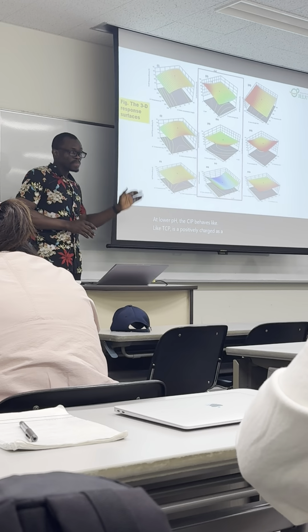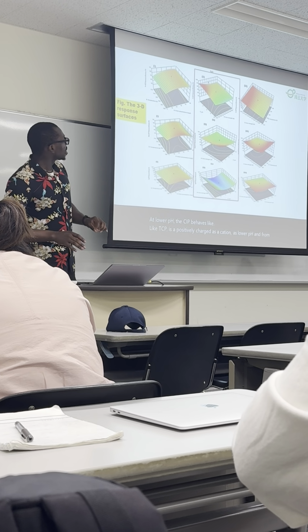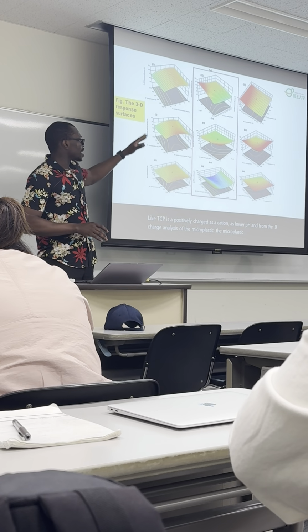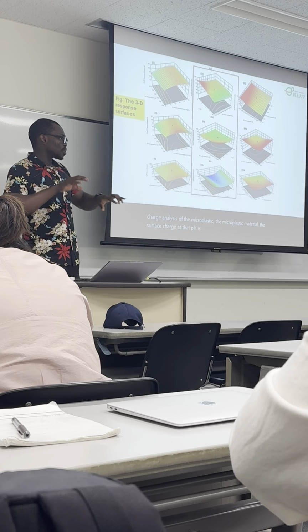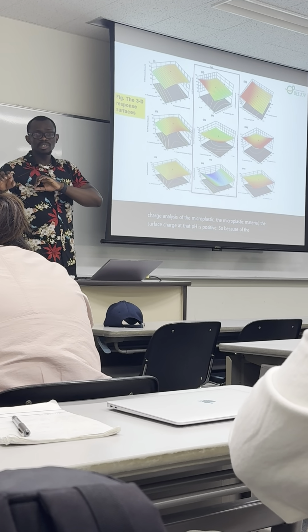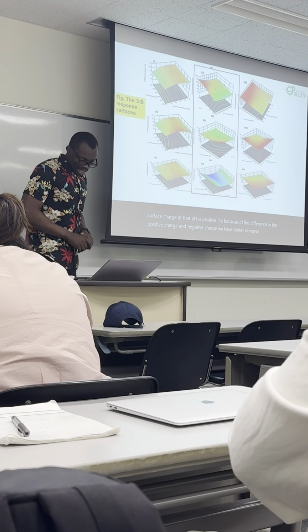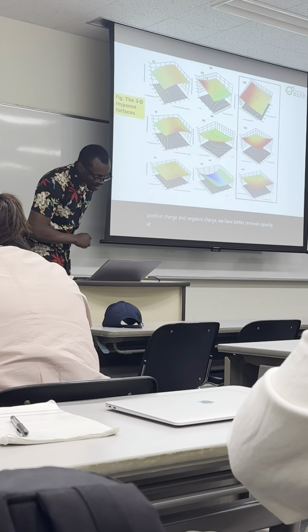And from the point of zero charge analysis of the microplastic material, the surface charge at that pH is negative. So because of the difference between the positive charge and negative charge, we have better removal capacity at that pH.